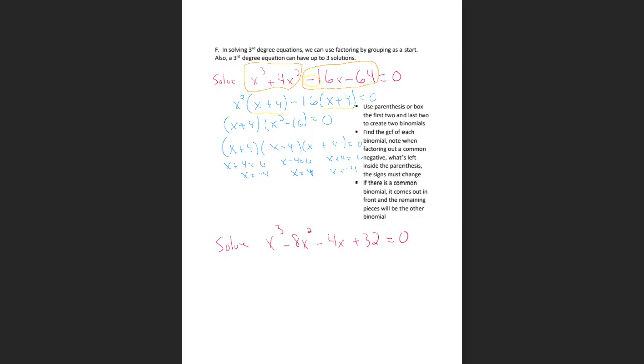So x cubed minus 8x squared minus 4x plus 32. Again, feel free to pause the video and see if you can work it out in front of me. So again, since it's 4 terms, I'm going to put a box around the first two and a box around the second two.